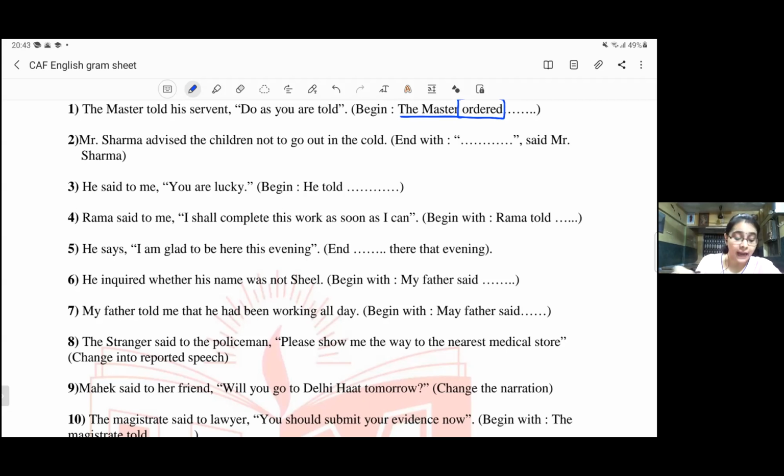Rama told me that she could, or you can write he could also, she should complete that work as soon as she could. Done?